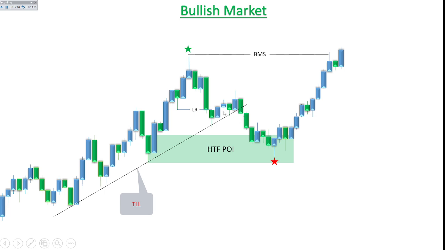Right here you see that as price did break here, a lot of retail traders were anticipating sell opportunities. Some might be waiting for a retest before considering a trade. Some might just enter that position and start selling as a result of FOMO, fear of missing out.